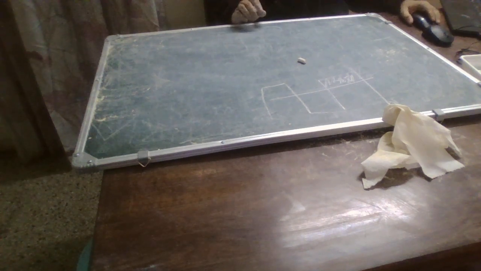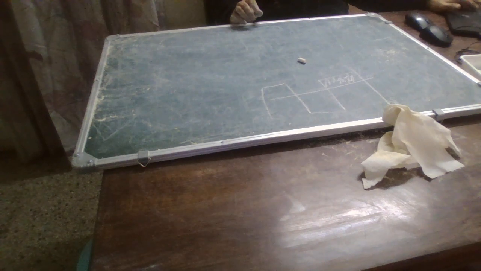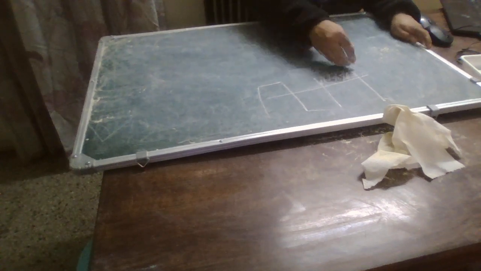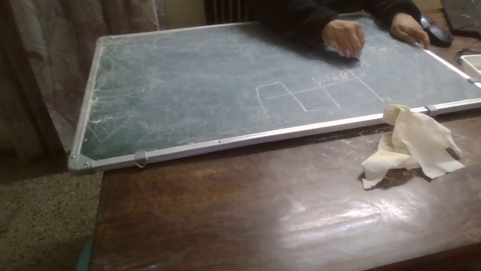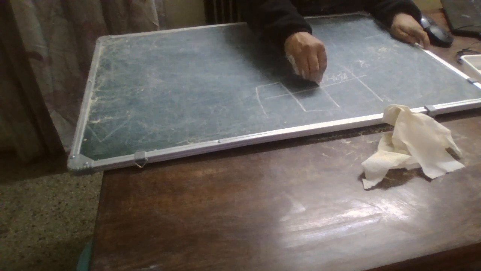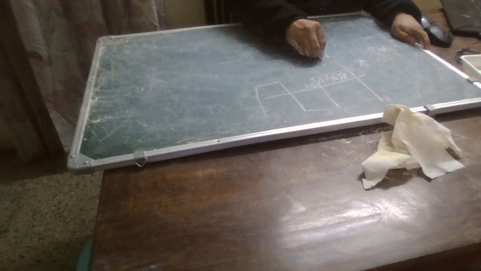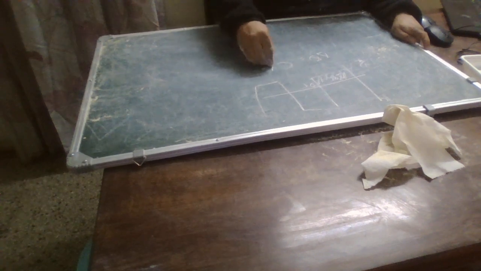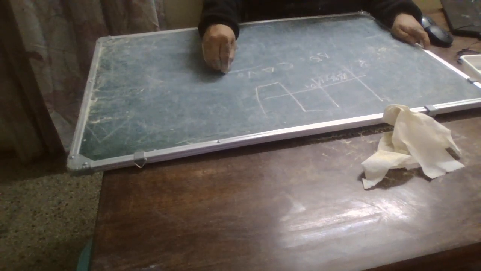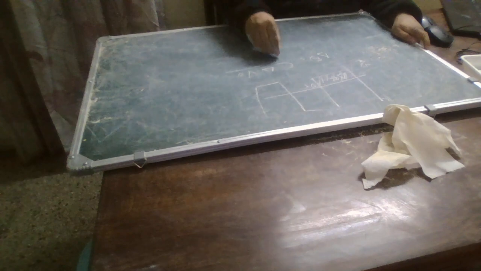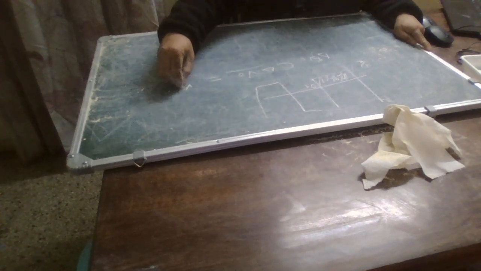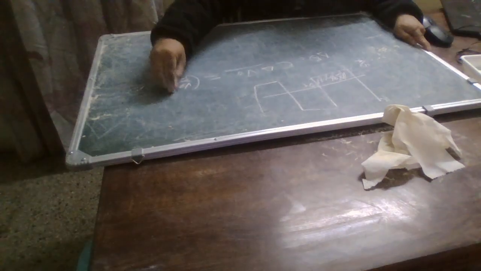So the area of the triangle is the length into breadth. We will see that delta Q, Q is equal to CV, again the same formula, and this is basically V naught by R, and this is dt. So we can very easily say this delta Q is equal to C delta V naught, that is the output voltage ripple, and it's basically equal to V naught by R dt.